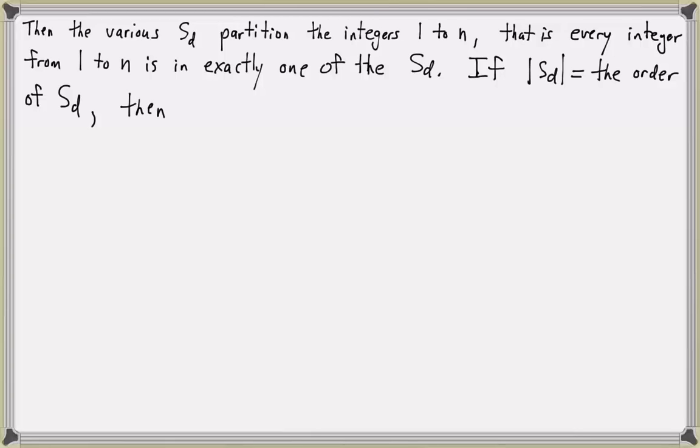Then it's clear that n will equal the sum of the orders of these S_d, where d runs over all divisors of n. This works again because the S_d partition the numbers 1 to n. So if you add up the number of elements in each one of these S_d, you'll get a total of n.